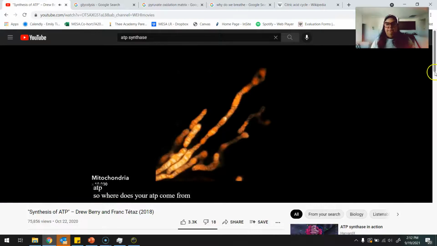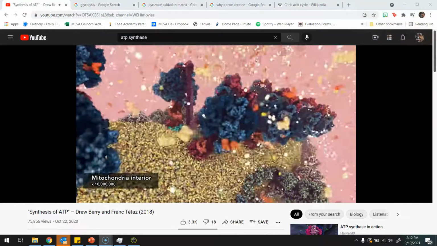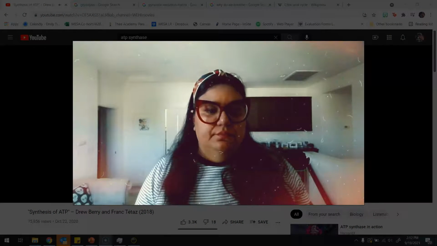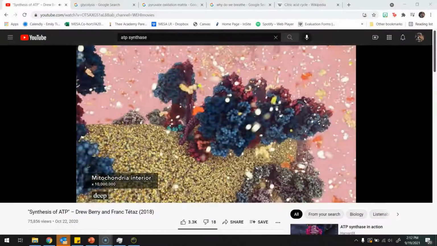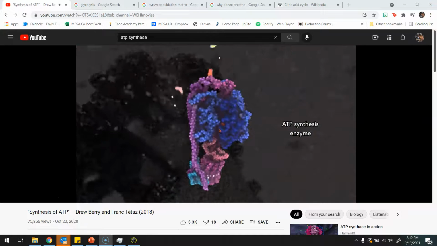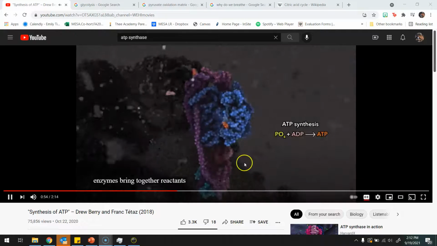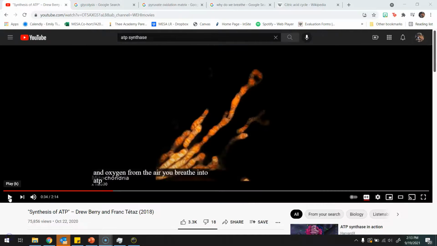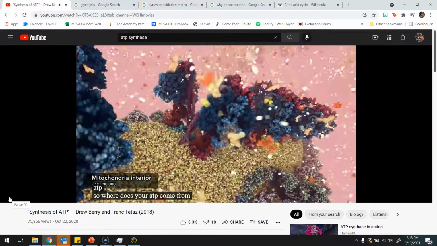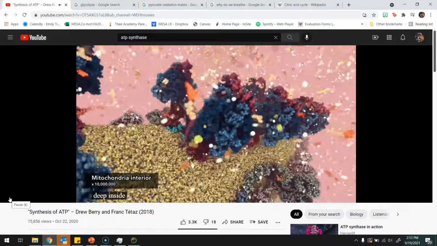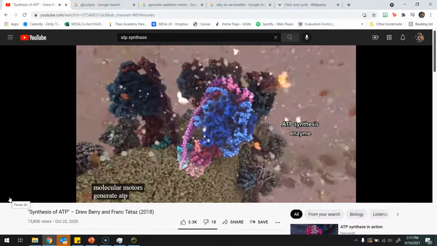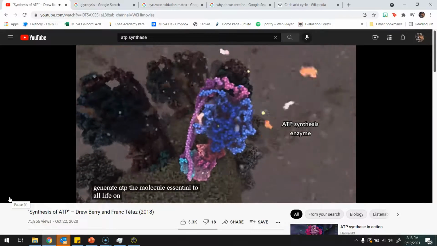So where does your ATP come from? Deep inside your mitochondria, rows of molecular motors generate ATP, the molecule essential to all life on Earth.